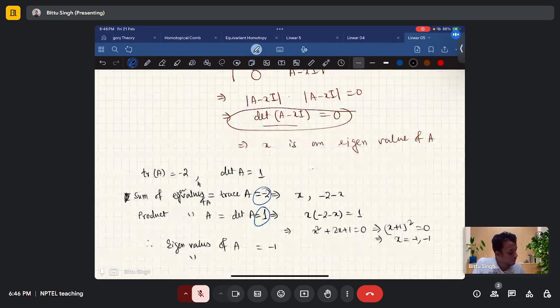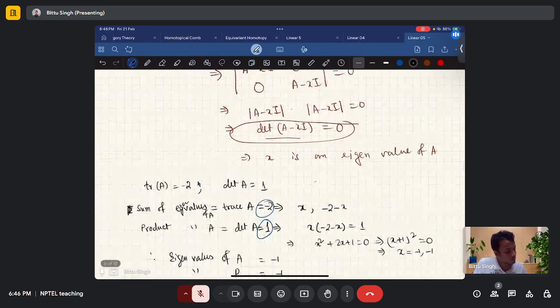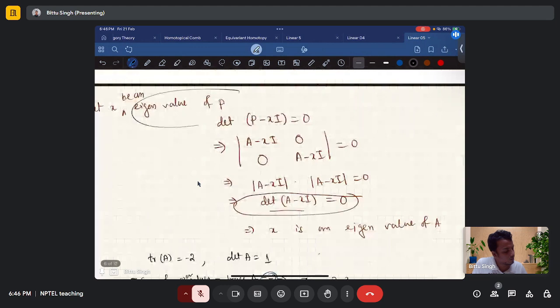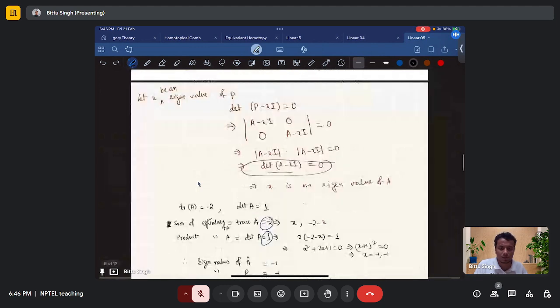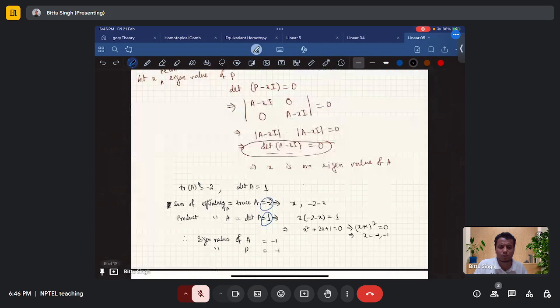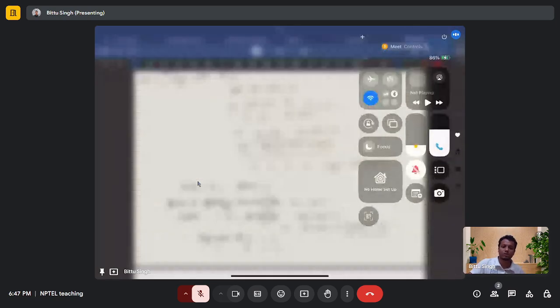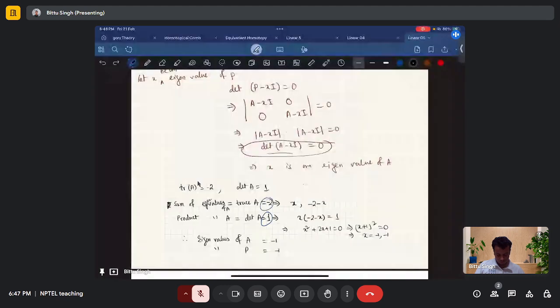Therefore, the eigenvalue of P is also -1, because we have already seen that the eigenvalues of P are the same as the eigenvalues of A. Therefore, we get the answer. Eigenvalues of A and P are both the same in this case.